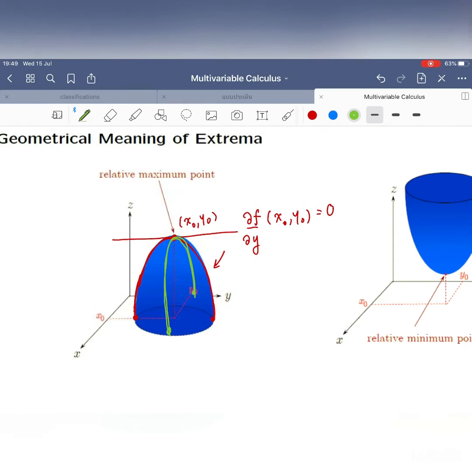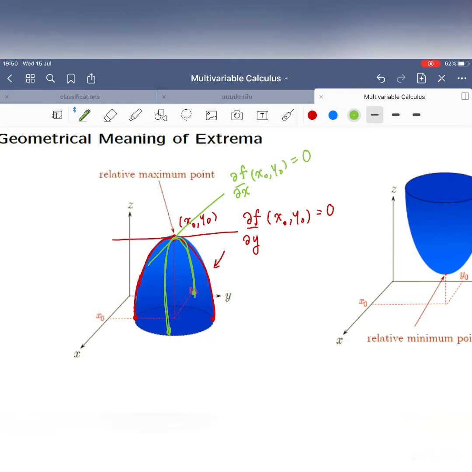Then at this point again, if you find the tangent line, your tangent line must be parallel to the xy plane. So it means that the derivative with respect to x, because right now your y is fixed to be y0, at this particular point x0, y0 is also 0.